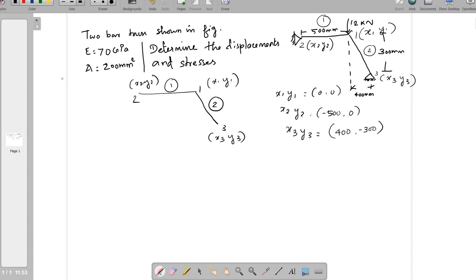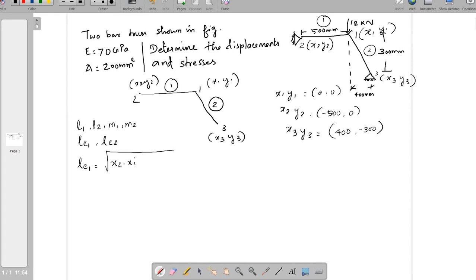So the first thing, for forming the stiffness matrix, we need L1, L2, M1 and M2. For this we need the effective lengths LE1 and LE2 for the members 1 and 2. So LE1, effective length 1, is according to the coordinates of the node 1 and 2.